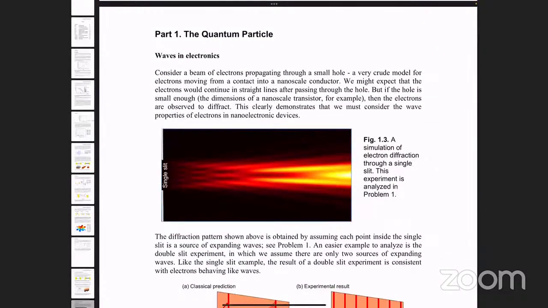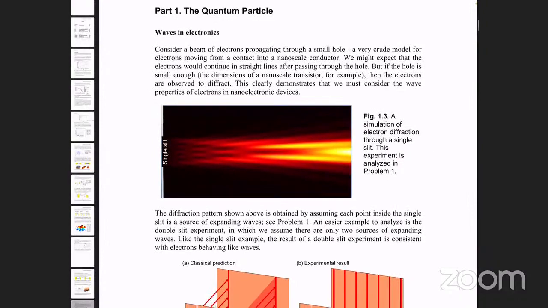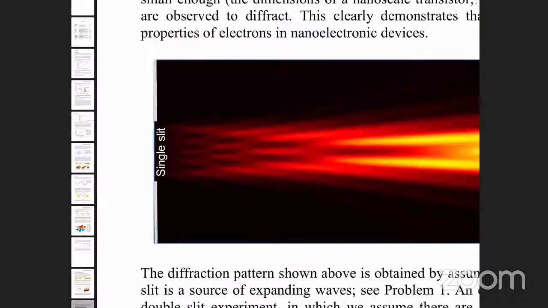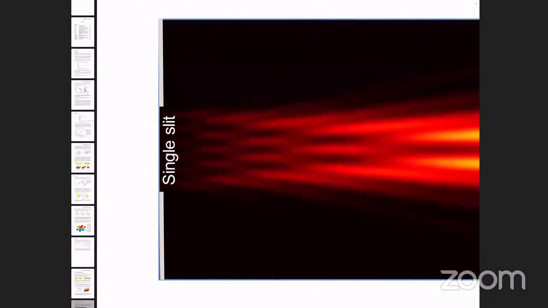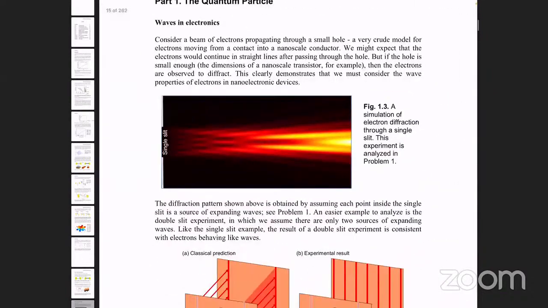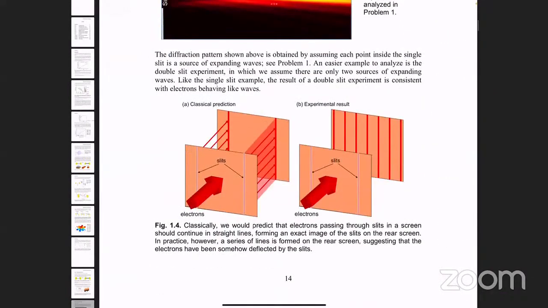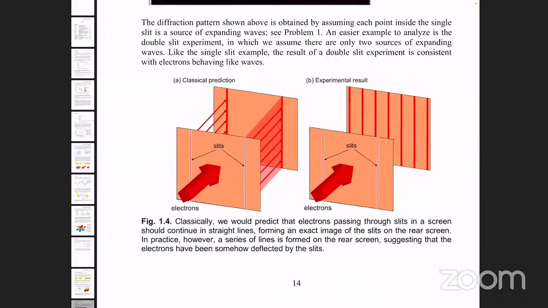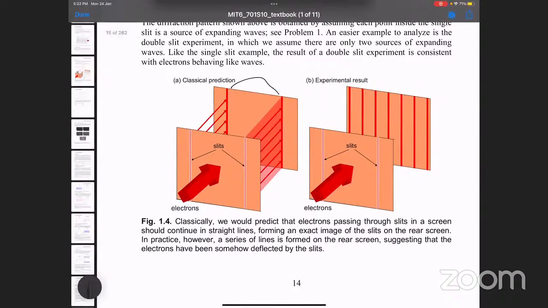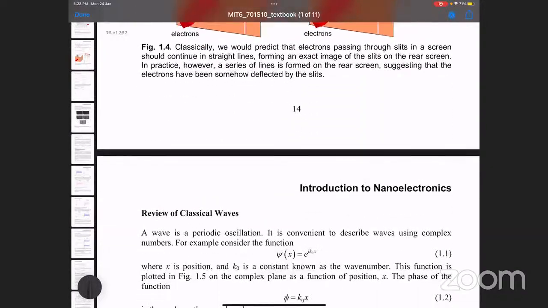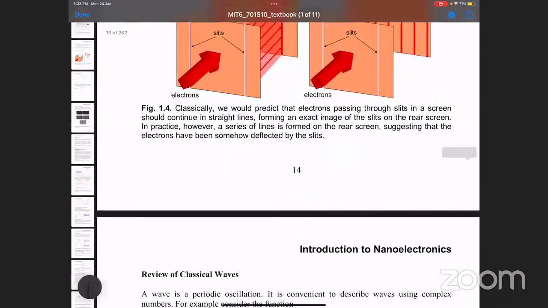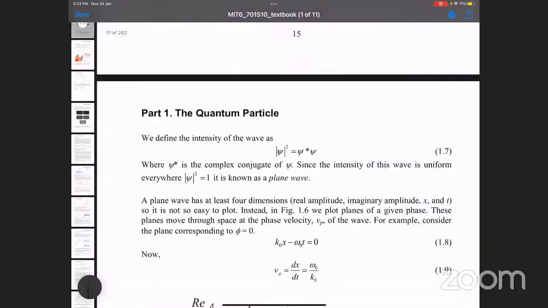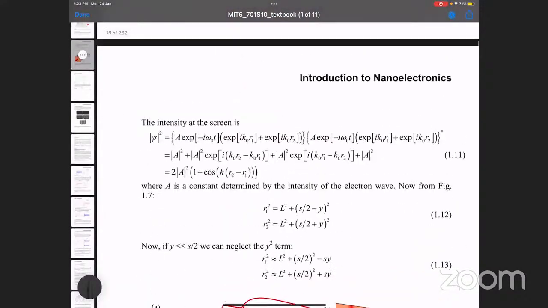And the very first thing he does is introduce you to this idea: this is your hole, basically a single slit, and you have diffraction, right? Then he's going to introduce two slits here. Classically, we predict that there should be no interference, right? But when we have a wavy particle, I'll have an interference fringe. So what is the distance between the interference fringes and so on? That is the calculation that he will do here.